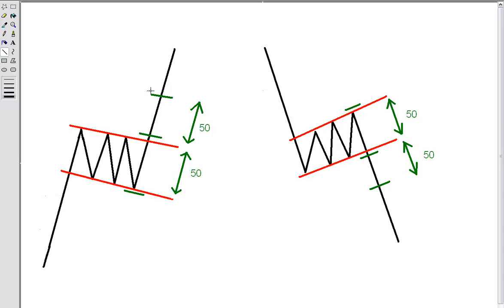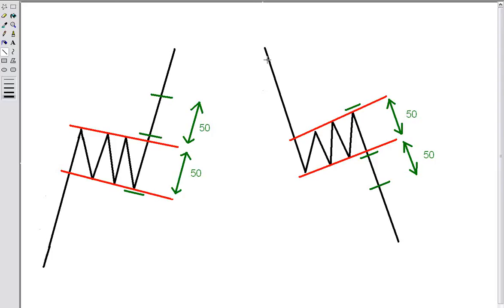Let's say that measures to this green line here. That equates to 50 pips, and that is your profit target. That is you out of that trade. And lastly, you place a stop loss just a few pips below that bottom consolidation line, and that's your trade set up. The same applies in a bearish flag, but just the opposite way around.